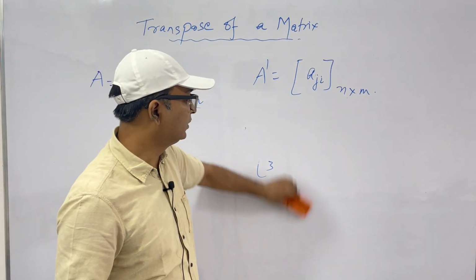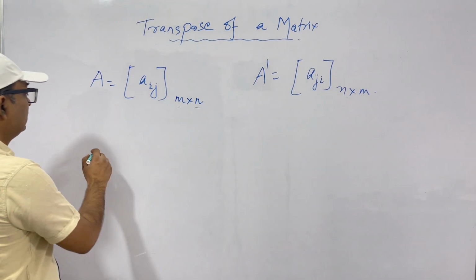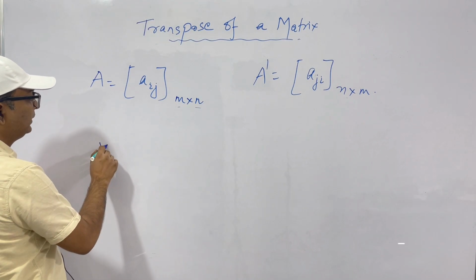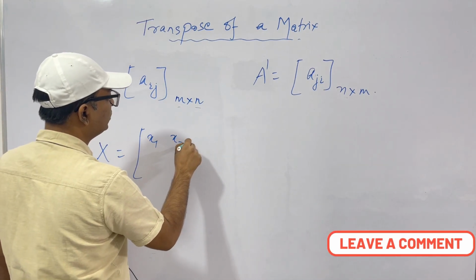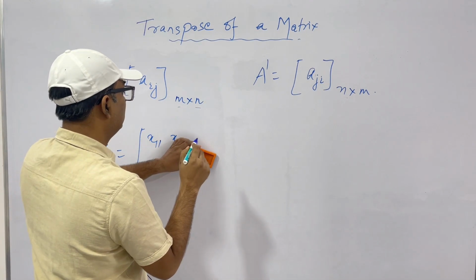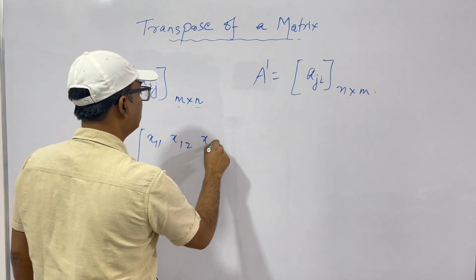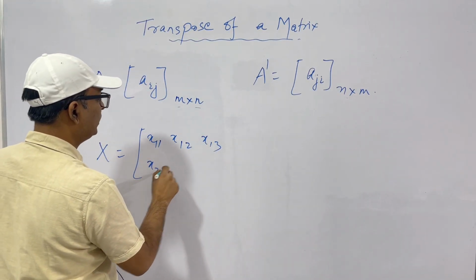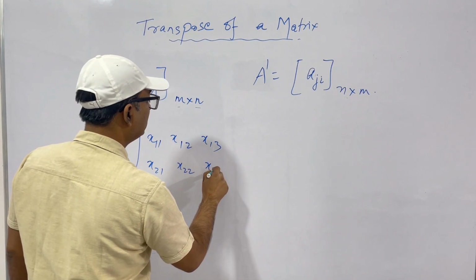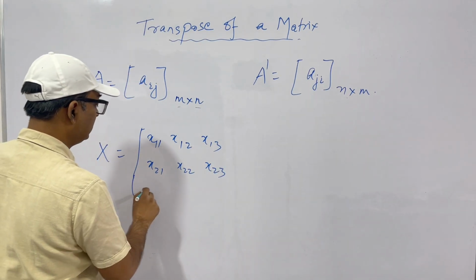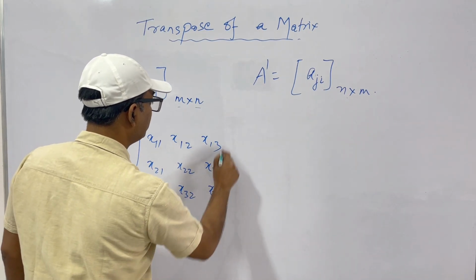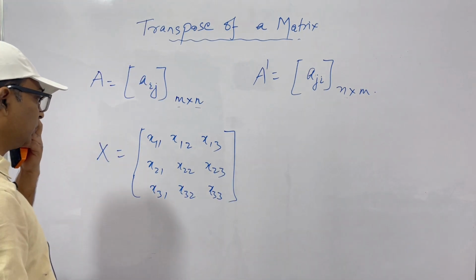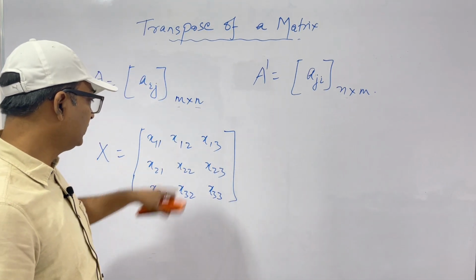Let me give you one more example. Let's say our matrix is X. It is X11, X12, X13, X21, X22, X23, then X31, X32, X33. This is our matrix. Now this row will become column.